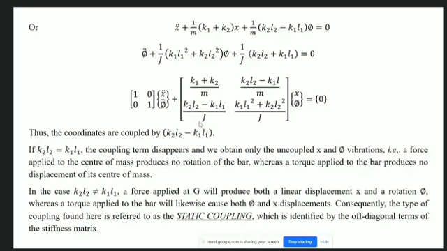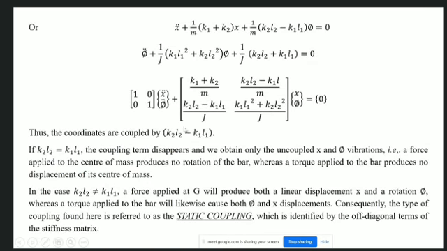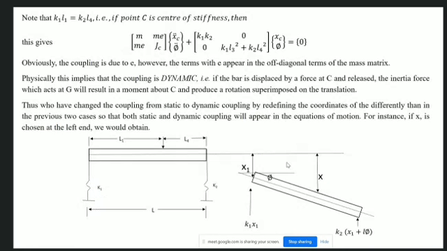If we had chosen the coordinate system in such a way, with L1 and L2, that K2L2 minus K1L1 is zero, that means K2L2 would have been equal to K1L1, then here we would have got 0. Is this understandable?